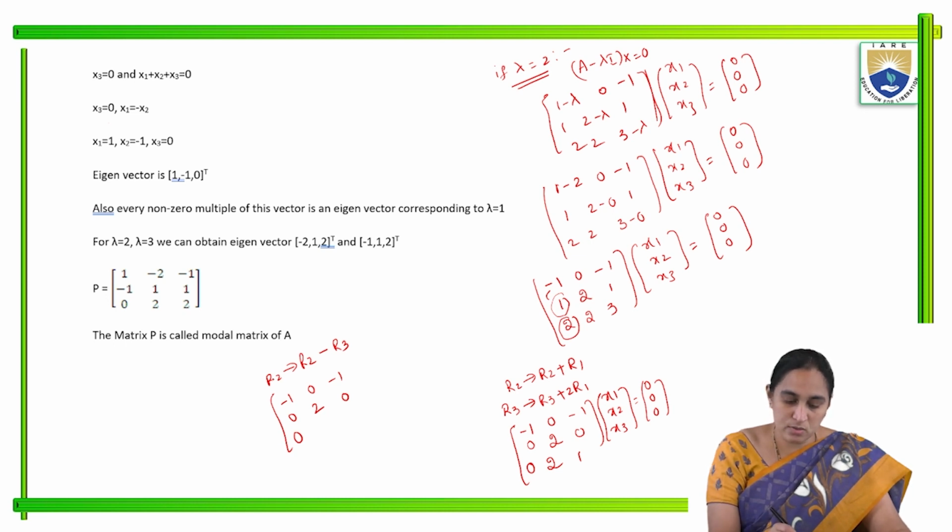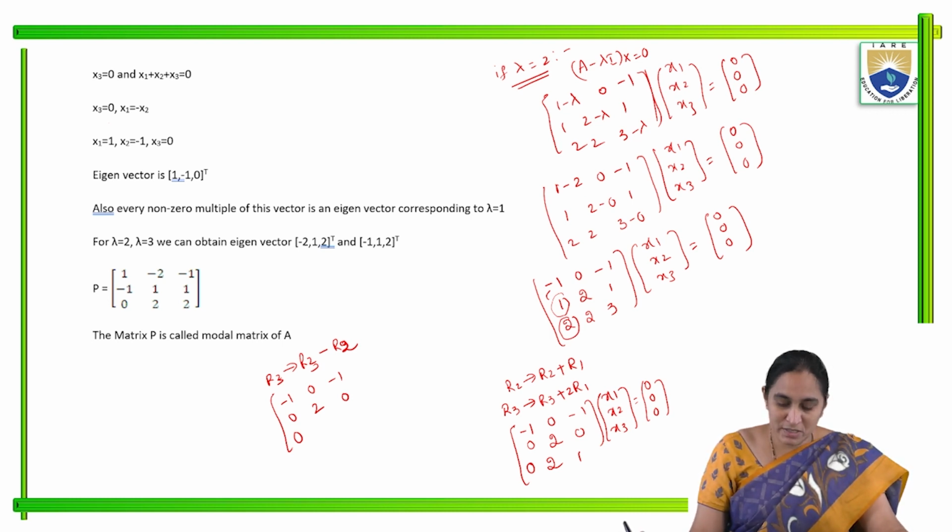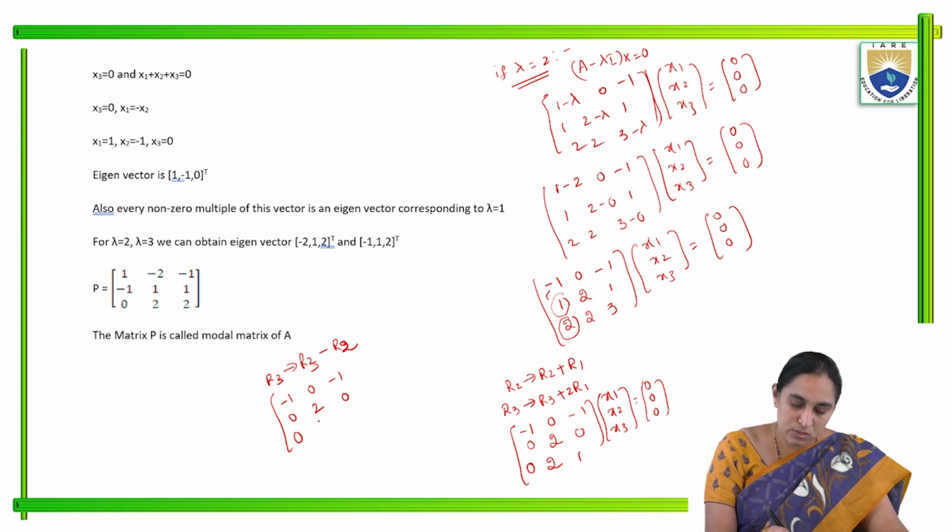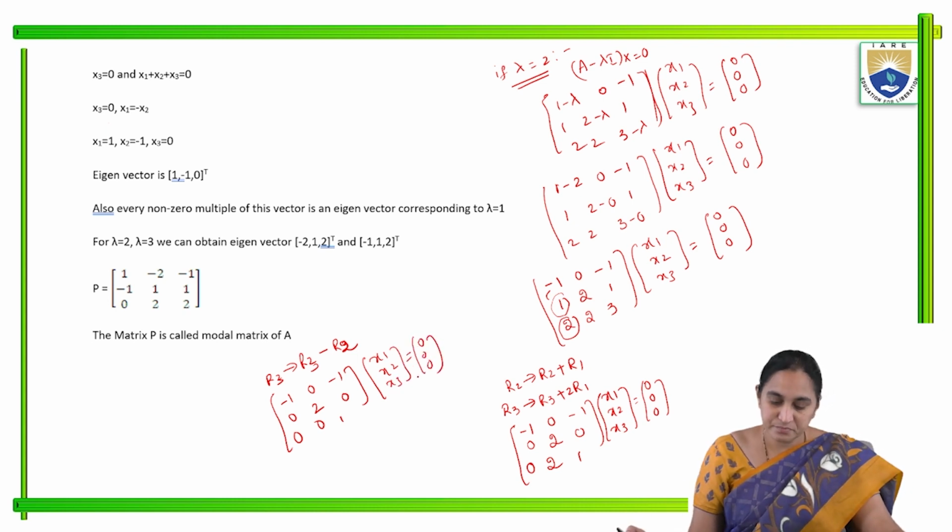Okay, sorry, this is R3. I'm changing the R3 value with respect to R2, right? That means 0 minus 0, 0, 2 minus 2, 0, and next 1 minus 0, 1, into x1, x2, x3 is equal to 0, 0, 0.